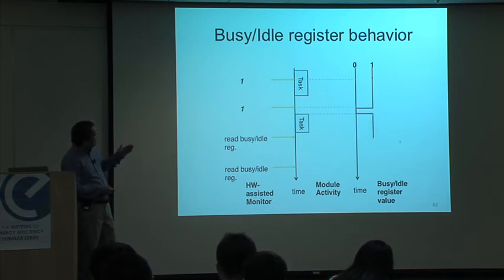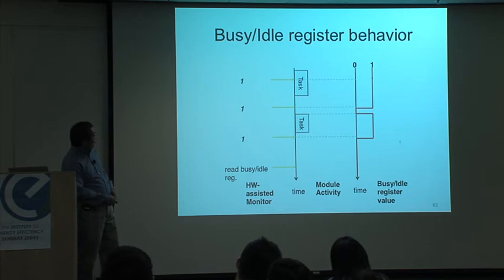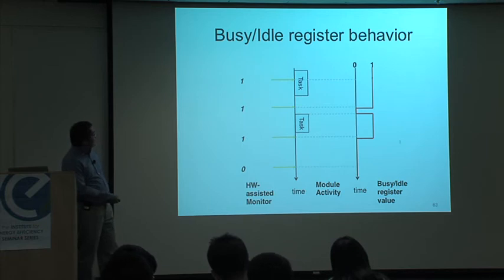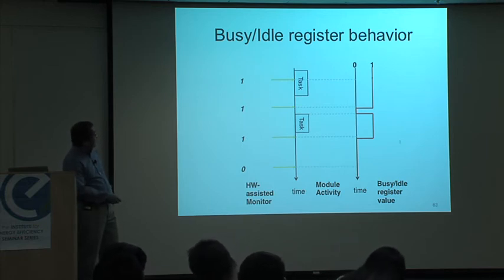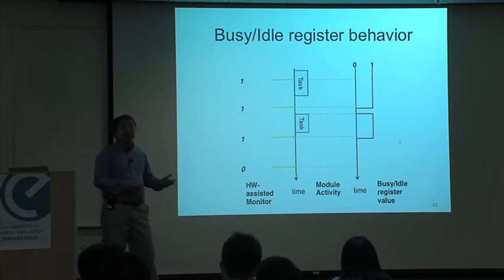The next time you read it again, you read it as 1, but because it's not doing anything useful, it is set to 0. Next time you read this register, you read out the value as 0. Now you know that in the past period of time, this module has been idle at least for this period of time. Then you can make a decision to disable or enable it based on the QoS requirements.